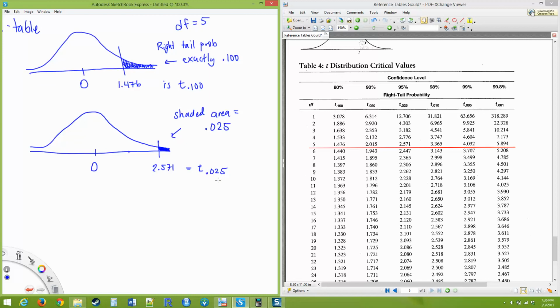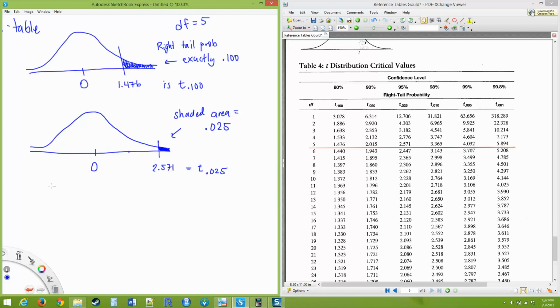Who's confused about this? So wait, DF stands for degrees of freedom. Yes, DF is degrees of freedom, and I'll explain what that means in a moment. But for now, I want to make sure we understand how this works. So if our test statistic gets further and further away from 0, how much do we have in the tail? More or less? Less. As we go farther away from 0, the amount left in the tail gets smaller and smaller.